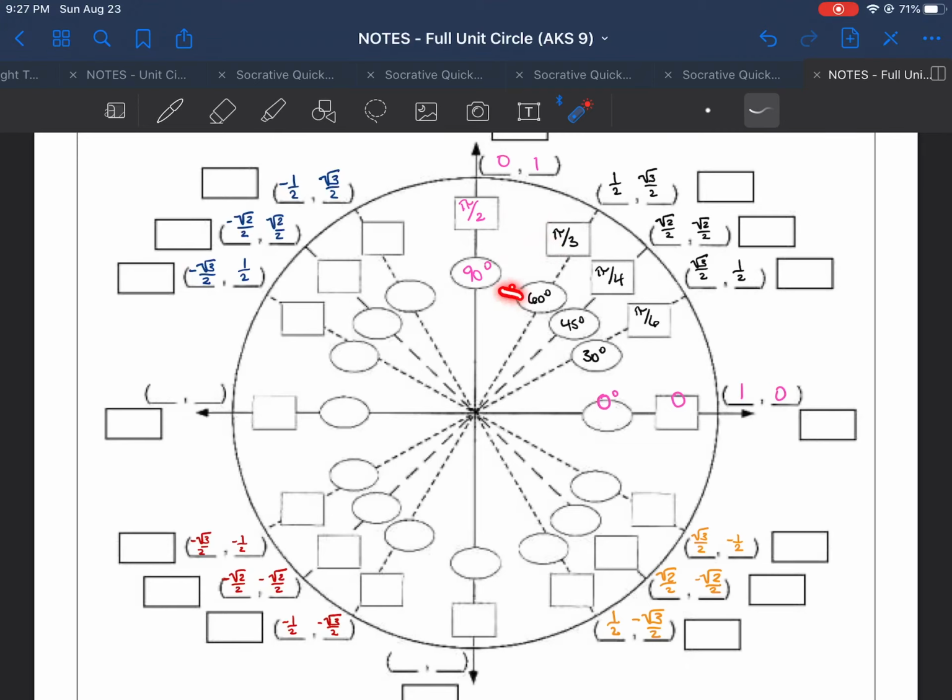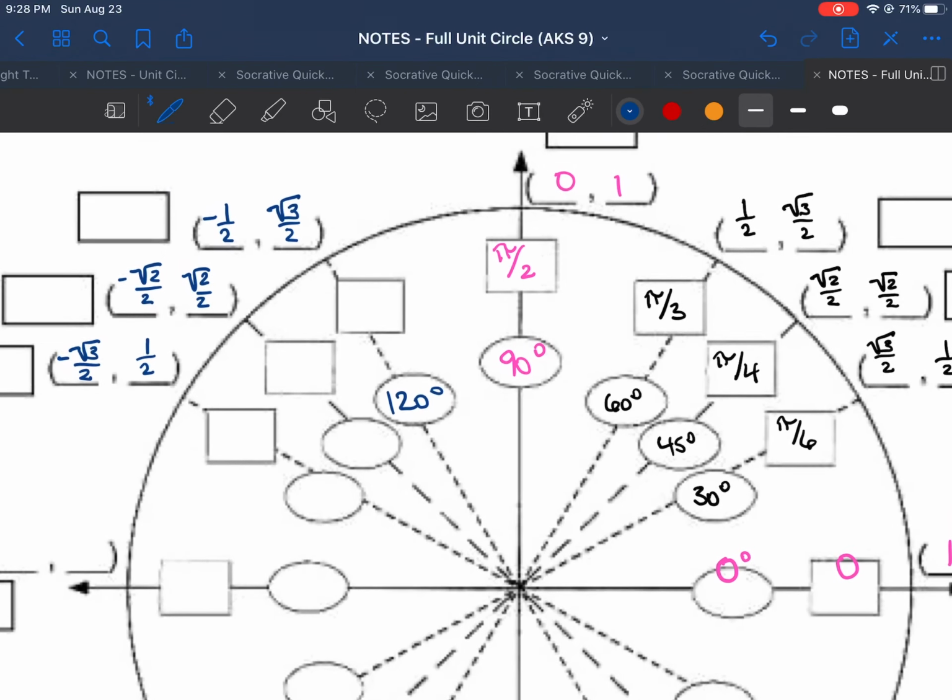And then adding another 30 degrees, we get 90 degrees, which would be 3 pi over 6. And notice that 3 pi over 6 would reduce to pi over 2. And then let's start establishing some real patterns here. So adding another 30 degrees, I would get 120 degrees.